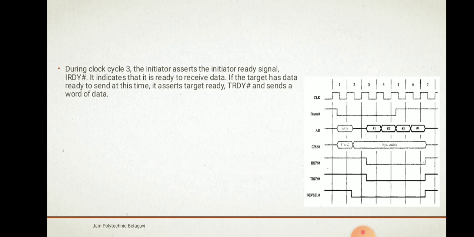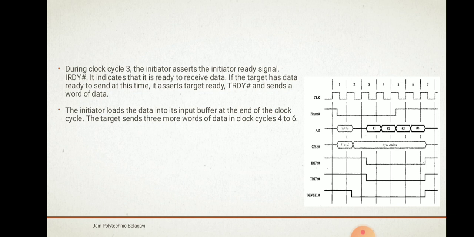It indicates that it is ready to receive the data. If the target has data ready to send at this time, it asserts target ready, TRDY, and sends a word of data.